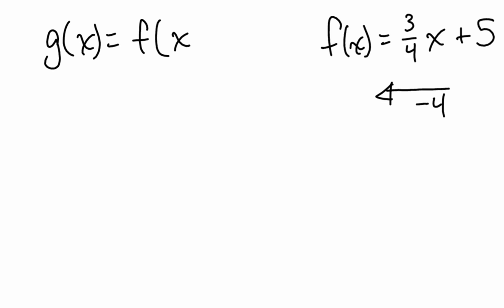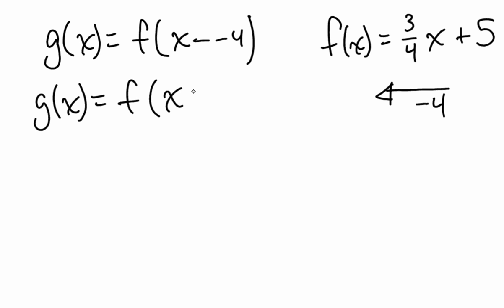Now, when I do this, instead of sending it f of x, I'm going to send it f of x minus a negative 4. Now, I wrote it down like that, but let me write it again, simplifying that. g of x is going to equal f of x plus 4. Now, I'm ready to figure out what g of x is. And look at how I interpret this.